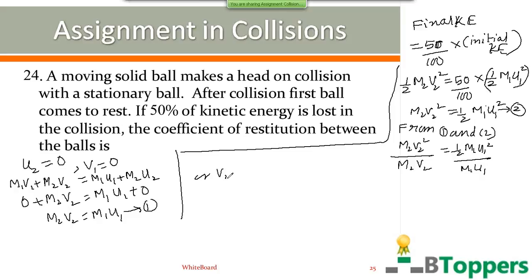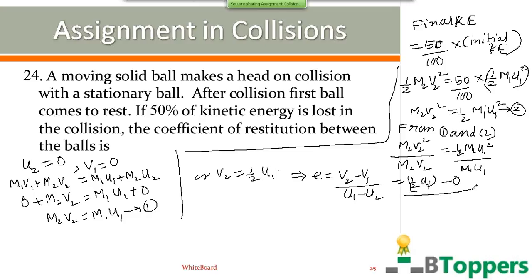So you get v2 equal to half of u1. Therefore the coefficient of restitution, E equals v2 minus v1 by u1 minus u2. You can write v2 equal to half of u1, given that v1 is 0 and u2 is 0. So the coefficient of restitution between the two balls is 1 by 2. That's the answer.